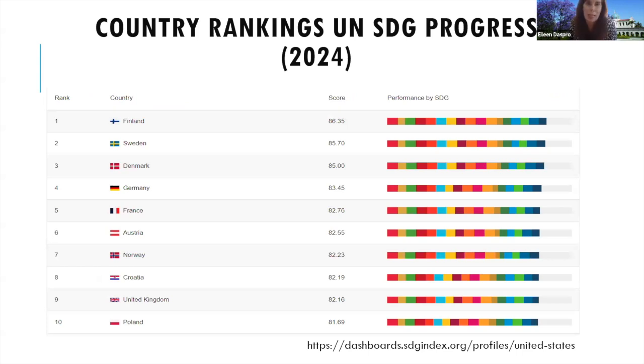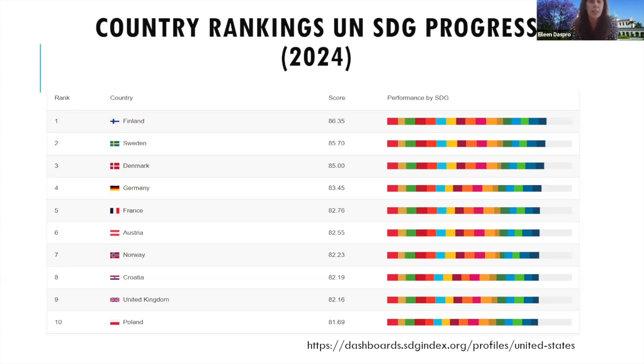Here's our country rankings. You might be curious about how the US is doing. The US is not in the top 10 in terms of their progress towards achieving the SDGs. This is probably not a surprise for any of you, that the Nordic countries, Northern European countries, Finland, Sweden, Denmark, kind of dominate the rankings in terms of their progress towards the goals, because traditionally these countries have placed a high priority on the role of government and achieving social objectives.